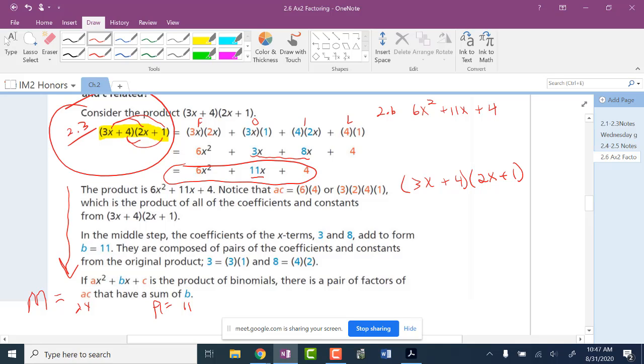I'm going to break that one down later and just tell you what that process is. So through the combination of numbers and factors, this M equals A times C and A equals B is a trick that we can use to reverse and factor this. So reverse the multiplying process is the best way I can express this.